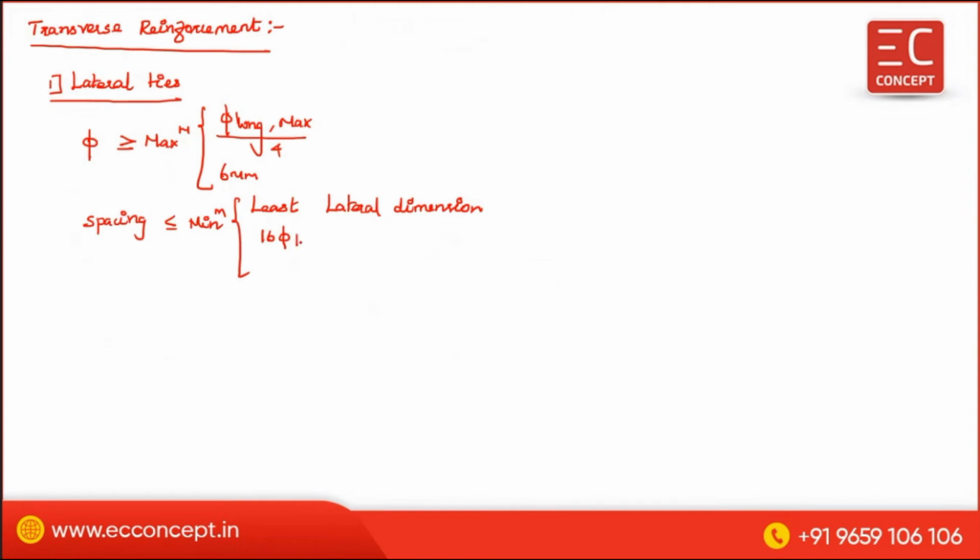This diameter means the minimum longitudinal bar diameter. 16 times the minimum longitudinal diameter of bar, or 300 mm. Okay. So this is the transverse reinforcement, the diameter of the transverse reinforcement and the spacing of the transverse reinforcement.